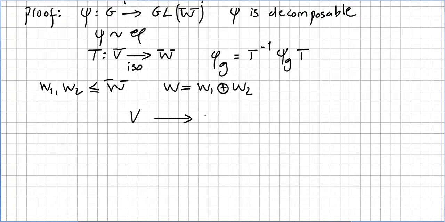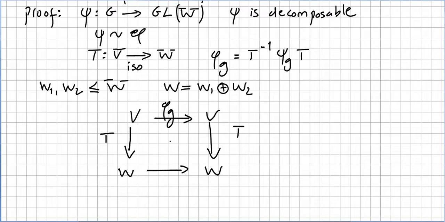We had a transformation T from V to W, and W goes to W. This is the representation phi of g, and this one is psi of g. So this is our old scheme.